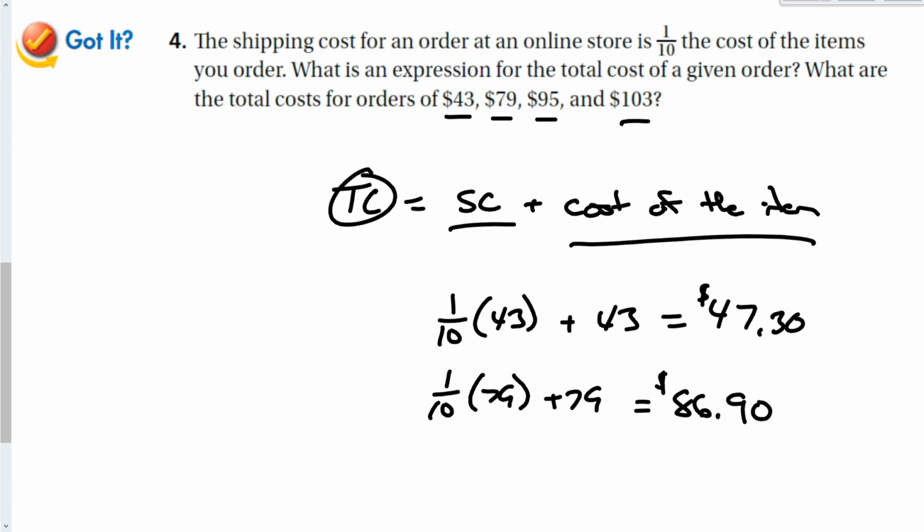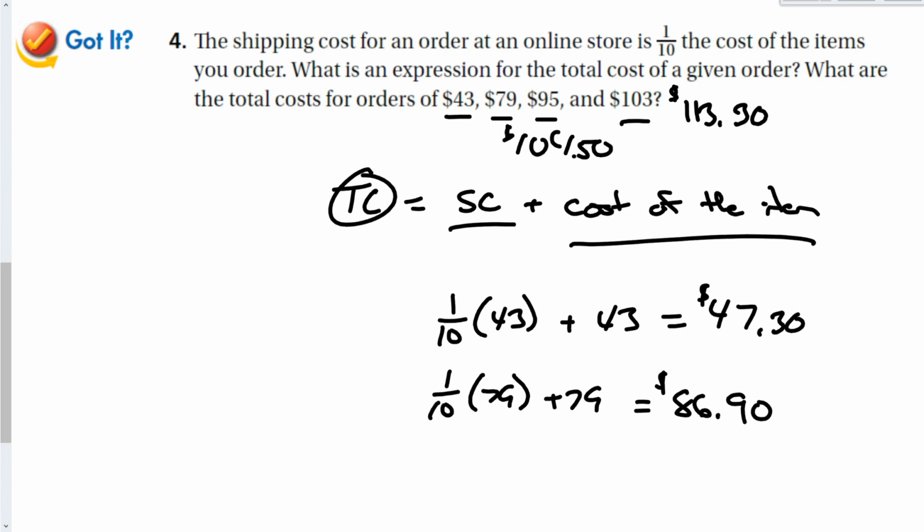The correct answers would be 104.50 for 95, and for 103, that would be 113.30. So you can try those and see if you can get those two.